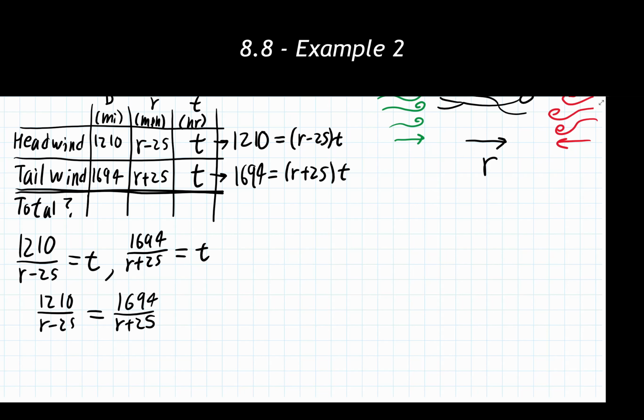Our third example that we have here is a bit of a different type of question than we had previously. So we're now moving into the realm of working with work problems. Remember, our work equation is very similar to the distance equation. The difference is that we're going to have work is equal to rate times time.